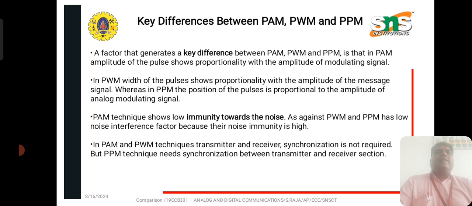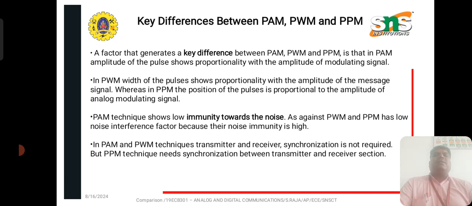The key differences between PAM, PWM and PPM are that in PAM, the amplitude of the pulses is proportional to the amplitude of the message signal. In PWM, the width of the pulses is proportional to the amplitude of the message signal, whereas in PPM, the position of the pulse is proportional to the amplitude of the analog modulating signal.